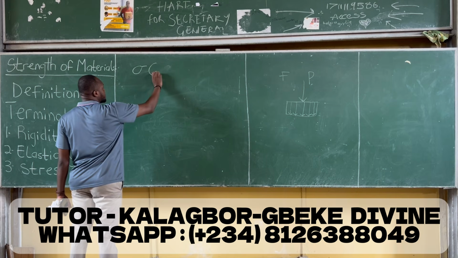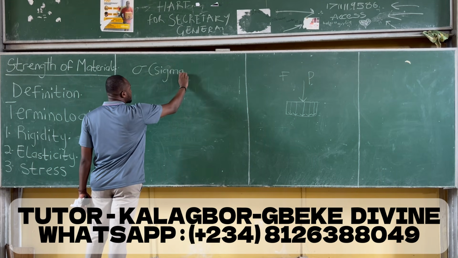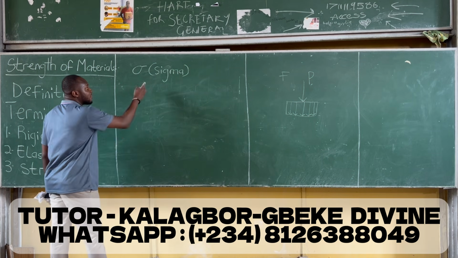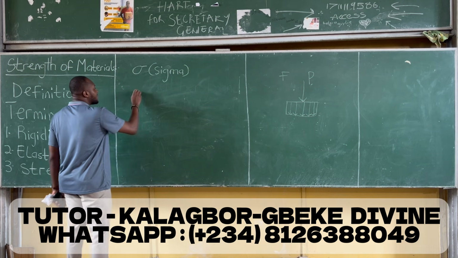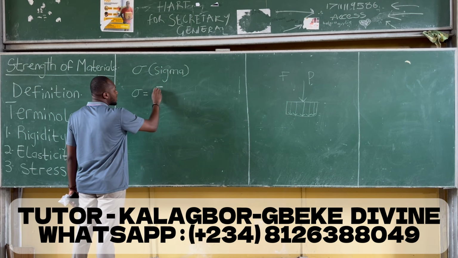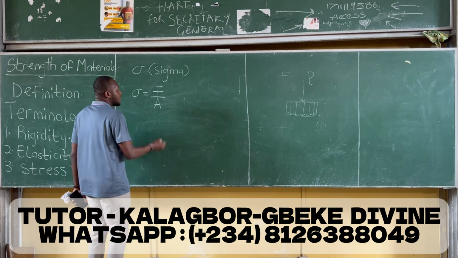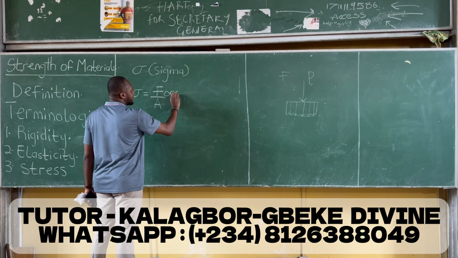Sigma. This is the Greek symbol for stress. And we can say sigma mathematically is equal to what? Force over what? Area. Let me write it down. Force over area.